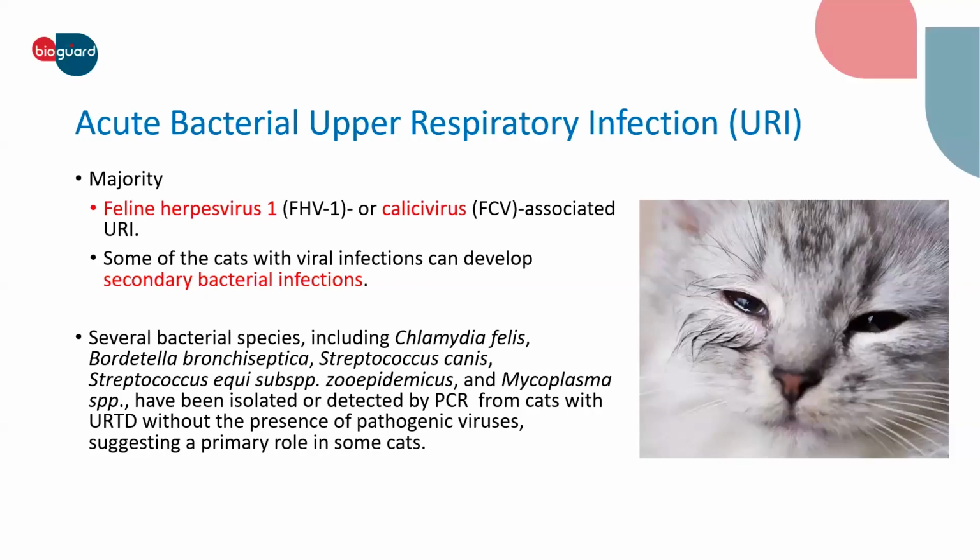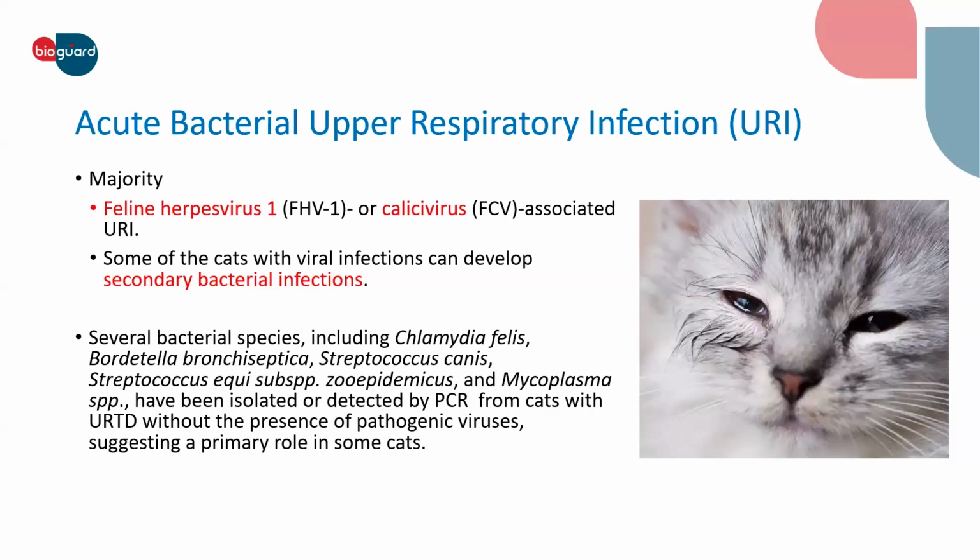The presence of purulent or mucopurulent nasal or ocular discharge may increase the suspicion that primary or secondary bacterial infection is present, but there is no defined proof of this association because some viral or fungal agents can also induce mucopurulent discharges in cats.